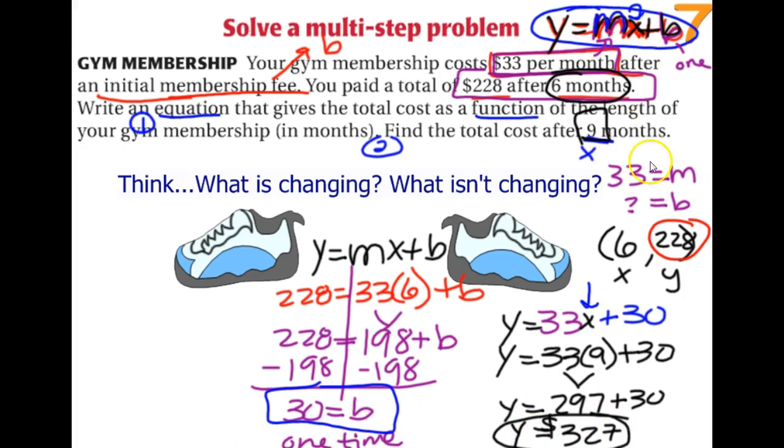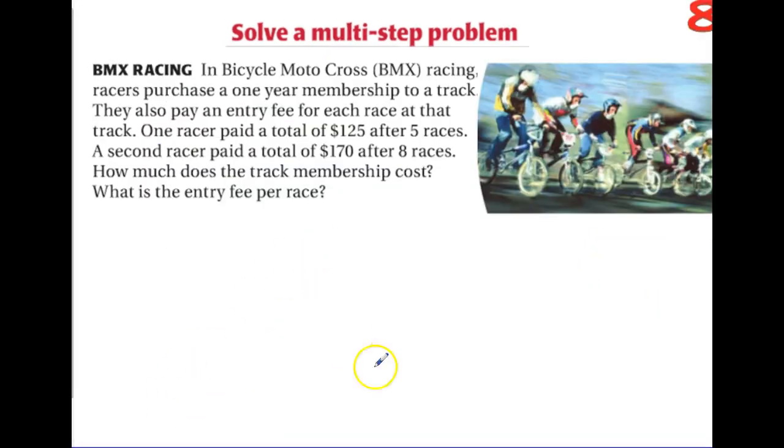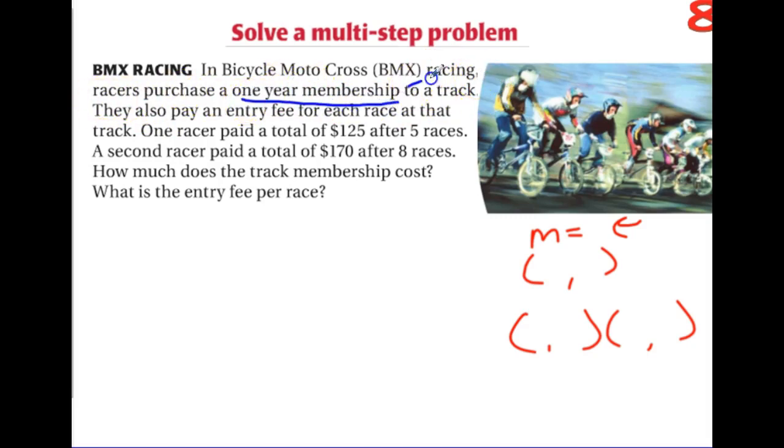So in this problem, they gave us our slope and a point. Now, on our next problem, we need to figure out what are they giving us. Are they giving us a slope and a point, or are they giving us 2 points where we could find the slope? It says, in bicycle motocross or BMX racing, racers purchase a 1-year membership to a track. So that 1-year membership is probably a one-time fee of some amount of money, B. That's our one-time fee.